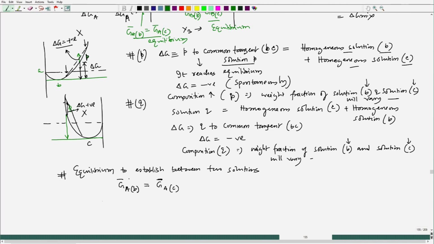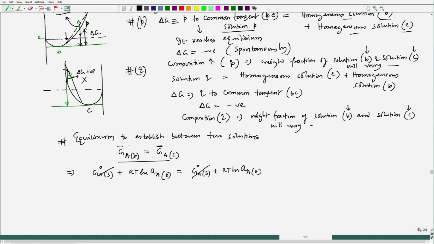Now, it can be written as G_A of solid, because it is a molar partial Gibbs free energy of A in solution B, would be equal to G_A naught solid plus RT ln a of A in B, should be equal to G_A naught solid plus RT ln a of A in composition C. Now, these two are the same.